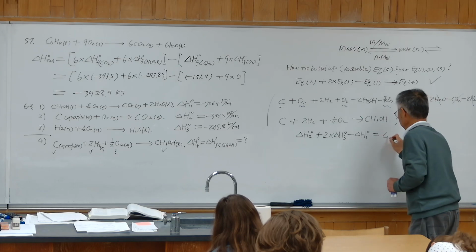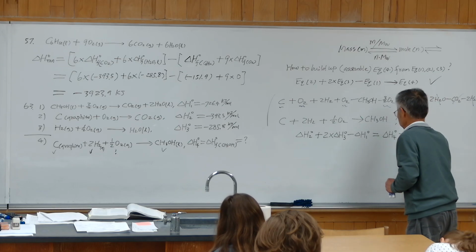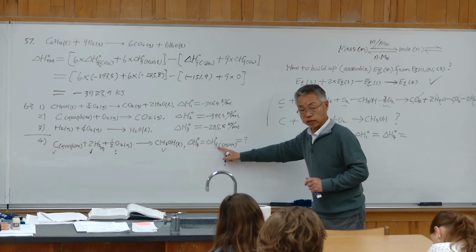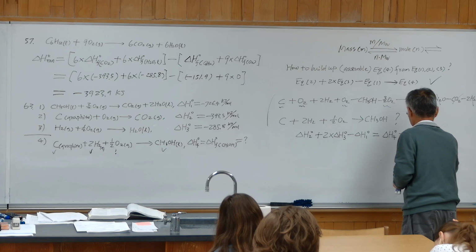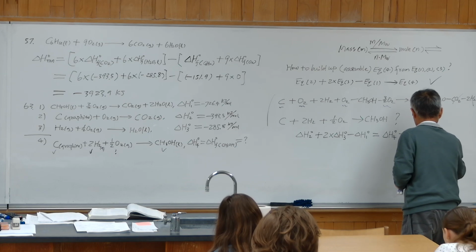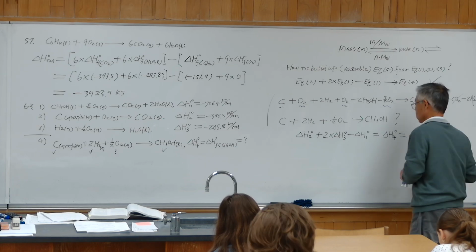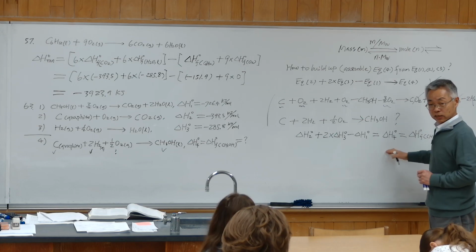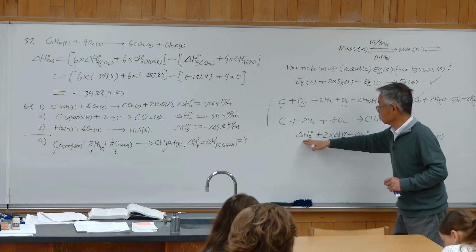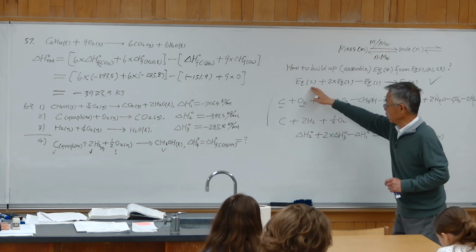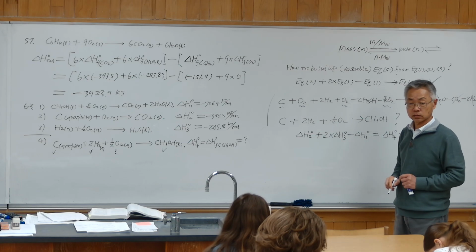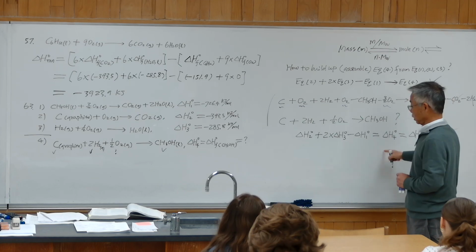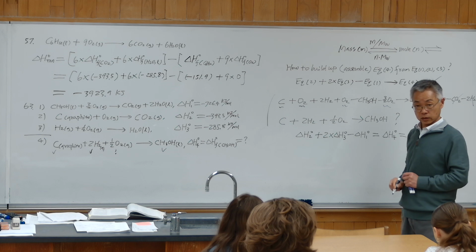This is equation 4's enthalpy change. And equation 4's enthalpy change is the standard enthalpy of formation of CH3OH. So just follow the same rule from this formula. Replace the equation by the delta H. The second step, you must show from here to here. The rest is just plugging in numbers.